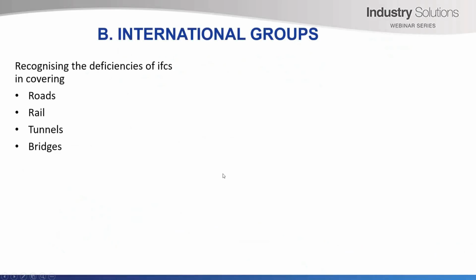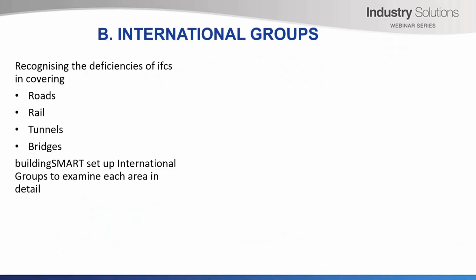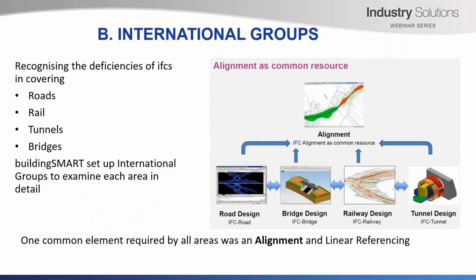The other thing they've done is they've recognised there are problems with roads, rails, tunnels and bridges and so on. So they've set up groups to look at this, and I was over there in Paris where they were discussing all these things. There's a huge group looking at road design, the railway design, the big Chinese group, so they've got different people involved in each one.